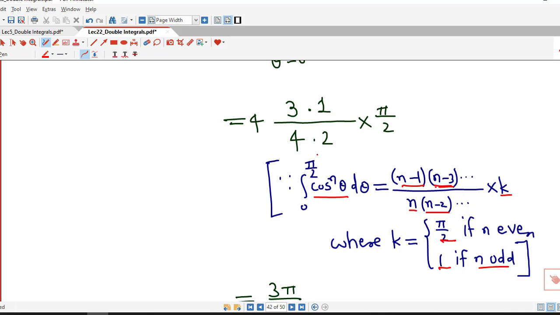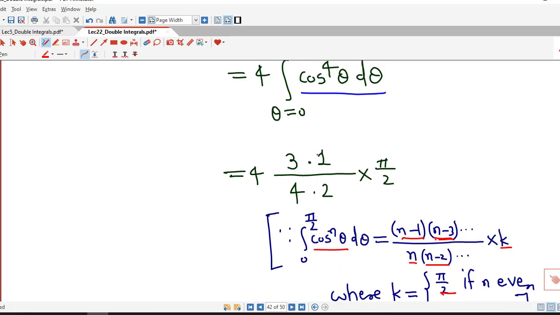So here power is n equal to 4. So here we start with 4, and if we subtract 2 from 4 we obtain 2. And as we know, if first factor is even, we will stop when we obtain 2.